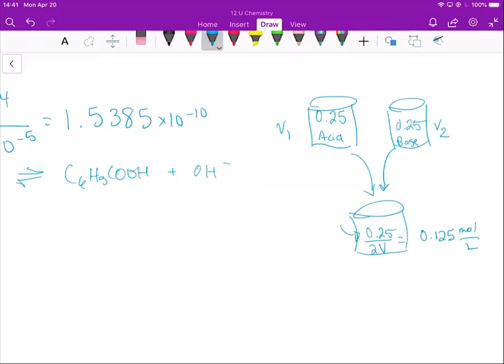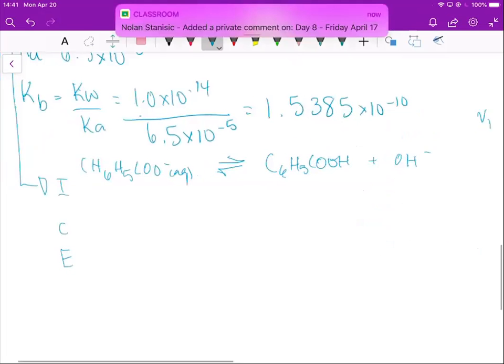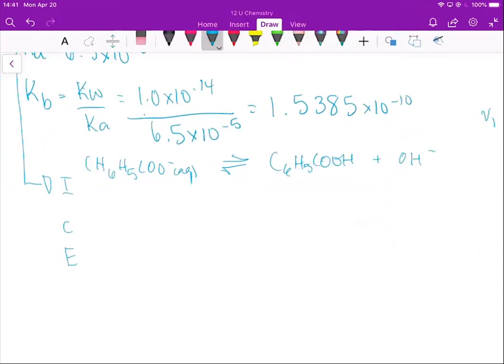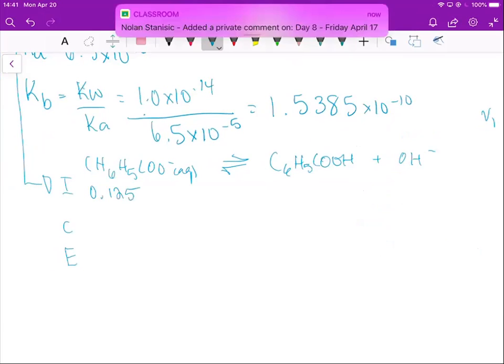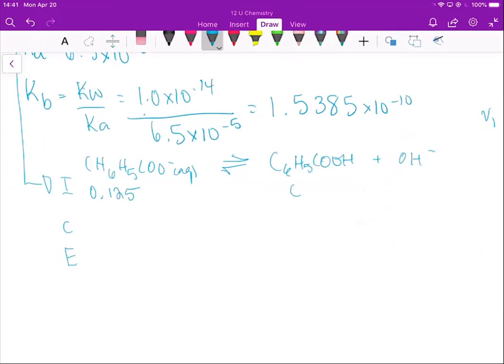So because there's twice the amount of the volume, one volume from the acid, one volume from the base, you divide it by 2. So I'm dealing with 0.125. And this all looks very familiar, right?